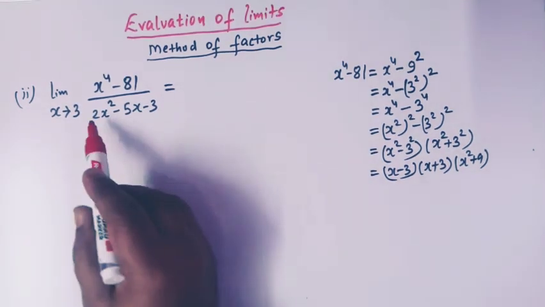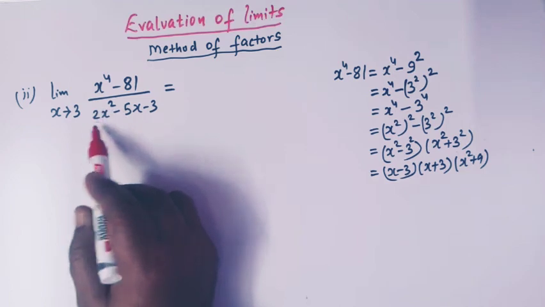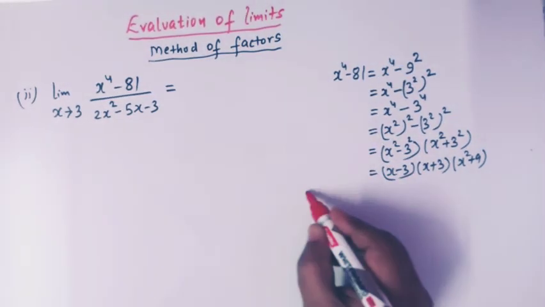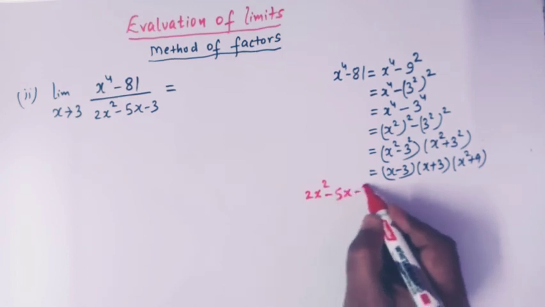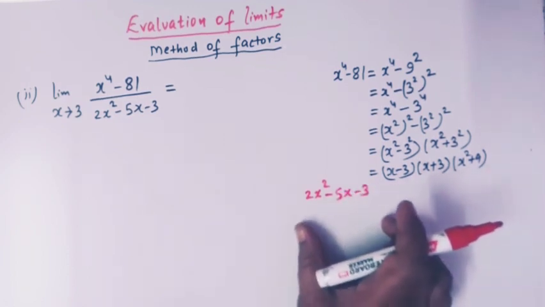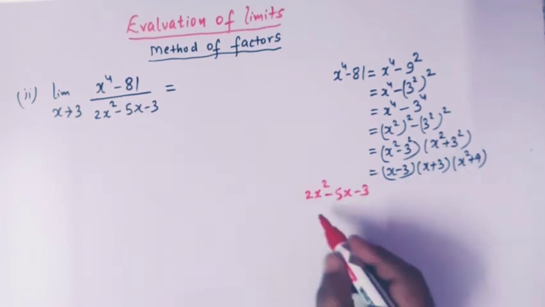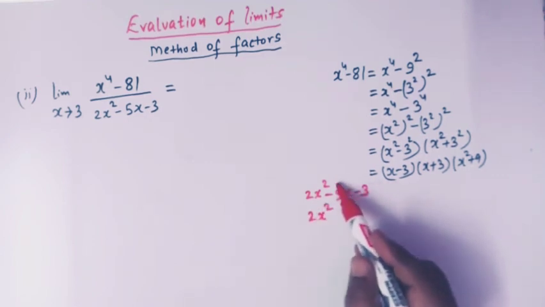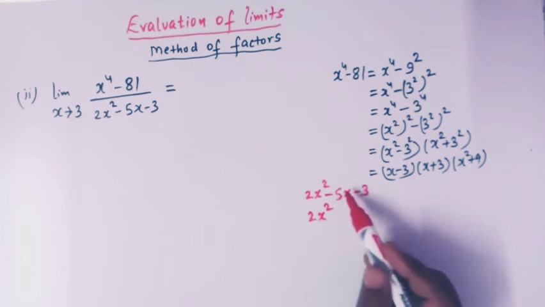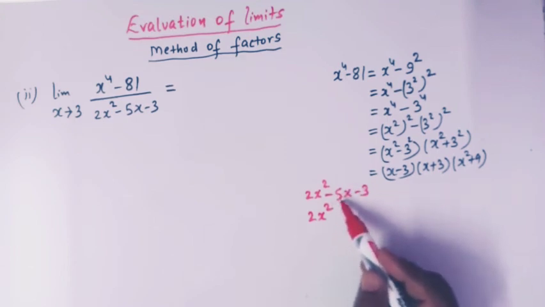Now the denominator, which is 2x square minus 5x minus 3, can be factorized, and here we'll make use of splitting the middle term.